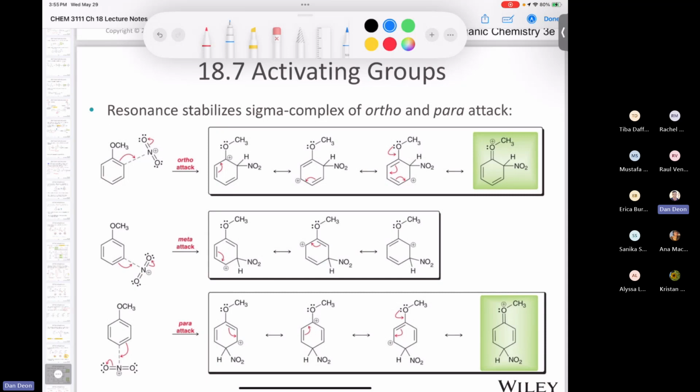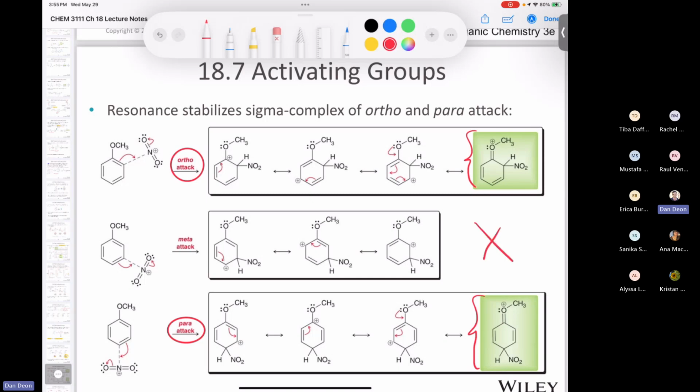If you want to see the sigma complexes, there's a lot of information on here, but you can distill it down to the simplest possible bits. If you draw all of the resonance contributors after ortho attack, you notice that you end up with one extra resonance structure. Same thing with para attack, we end up with one extra resonance structure that we don't have with meta attack, right? We don't get that extra resonance form. Maybe I'll just put an X there.